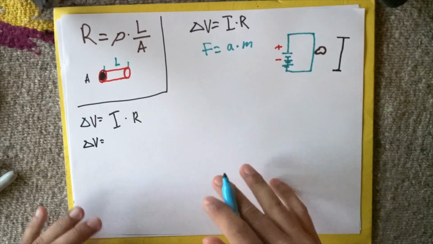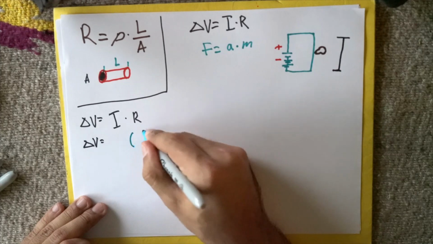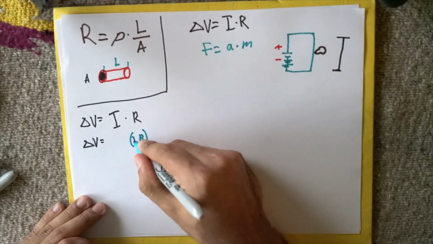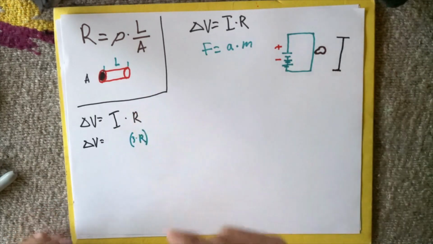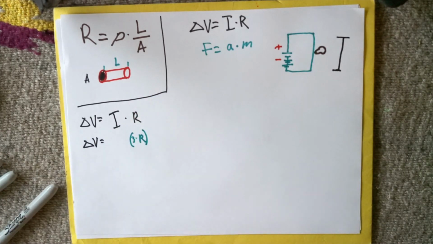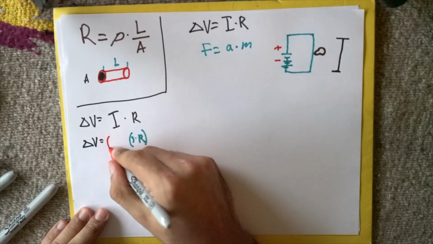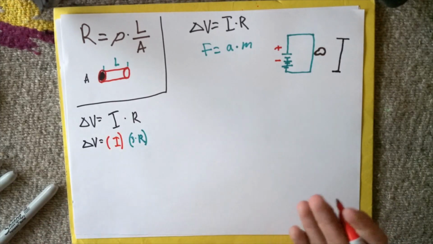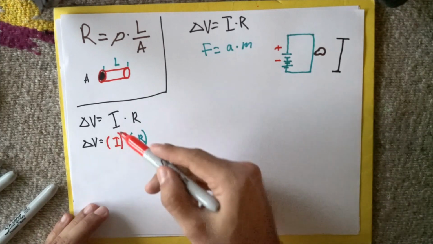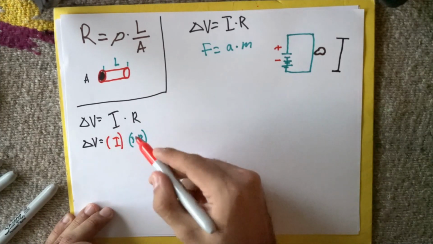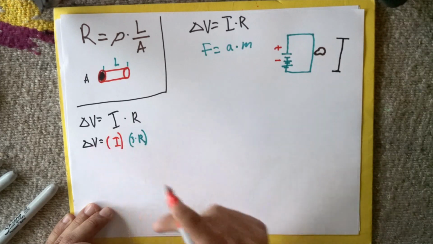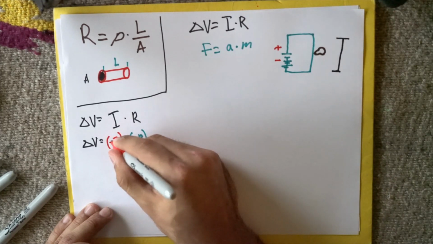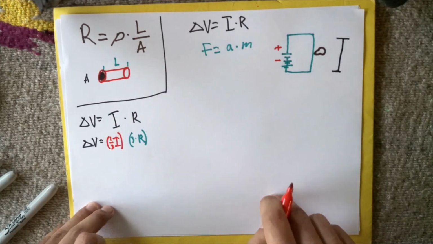So if I had some new resistance that was actually 3 times bigger than this one, my new current would have to have some ratio compared to this to equal this. So if this is 3 times bigger, what does this have to be for this to remain the same? So think of fractions. This should be 1/3 of the size.